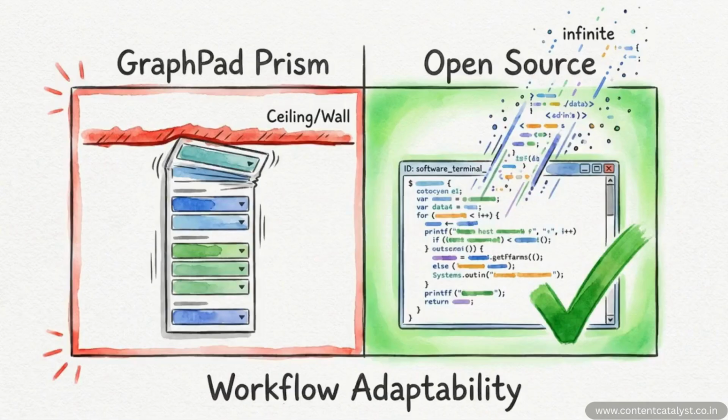Adding workflow adaptability to our matrix shows another clear split. Prism relies on a standardized user interface, whereas open source offers infinite scripting. That standardized UI has a ceiling. If your experimental design is highly unconventional, you will eventually hit a wall where the menus just don't have the option you need. Here, open source is the winner.